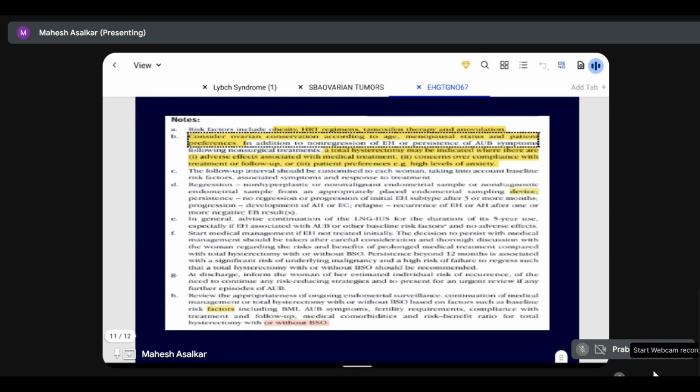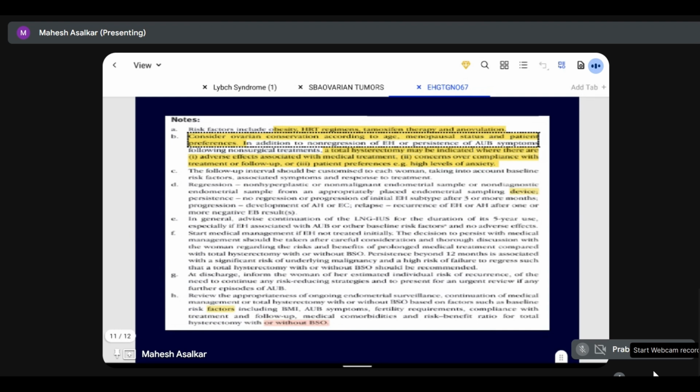Or if there is a high level of anxiety, in that particular case also total hysterectomy may be indicated. So she has opted for the medical treatment but there are adverse effects of the medical treatment, or there are concerns over the compliance with the treatment or follow-up, and third is a patient preference such as high level of anxiety. If these are present, then we might have to offer the total hysterectomy even in cases of endometrial hyperplasia without atypia.